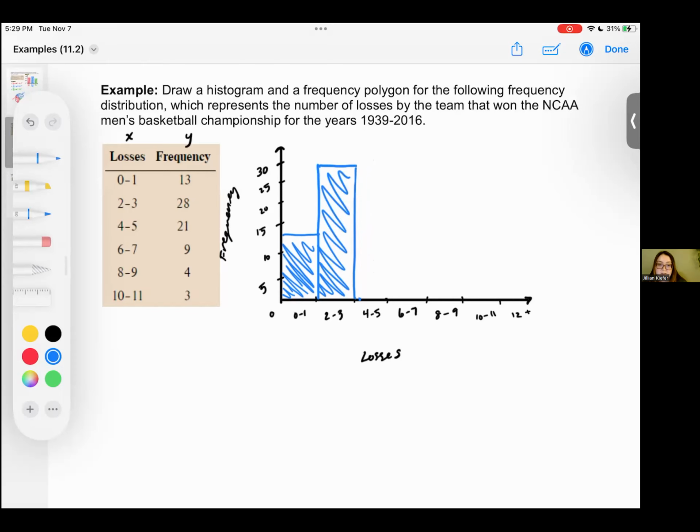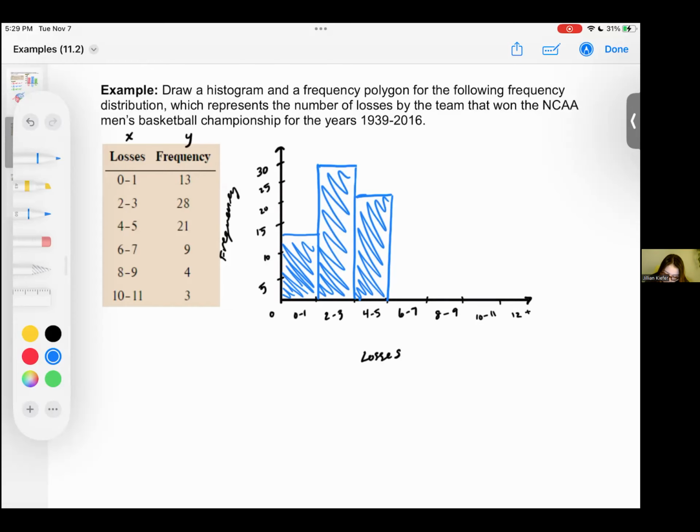Then for 4 to 5, it's going to be 21. So this is just slightly above 20. So maybe right about here. Probably about there, a little bit more than 20. Then we have 6 to 7, it's 9, so a little less than 10.